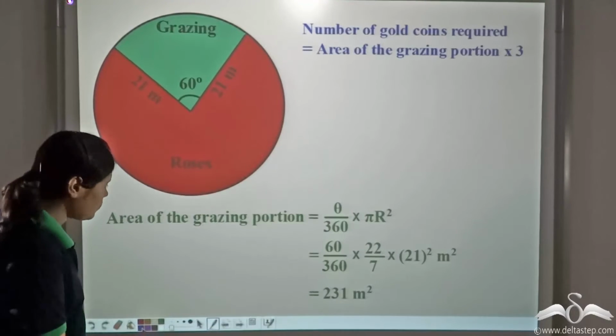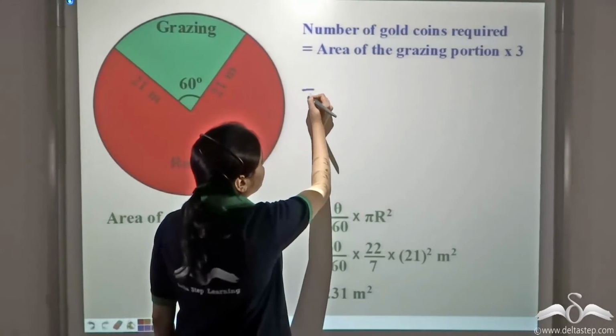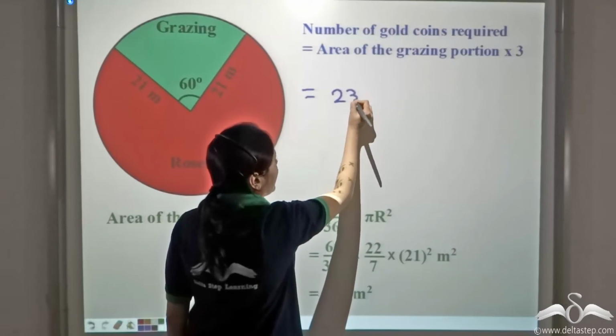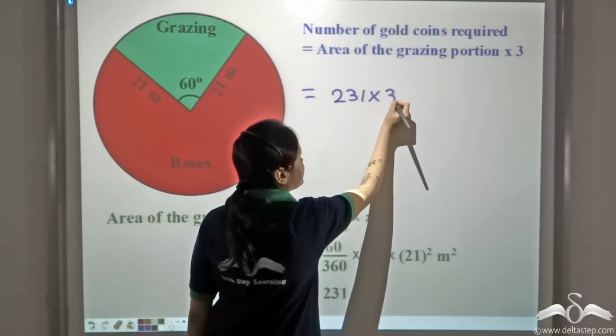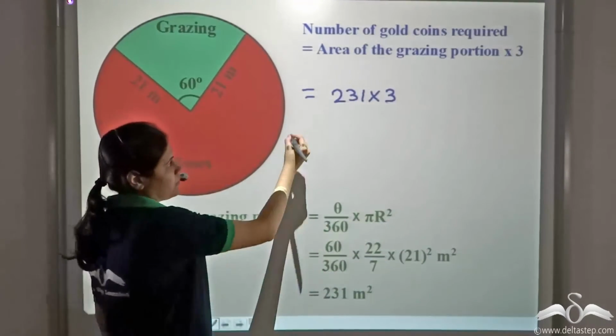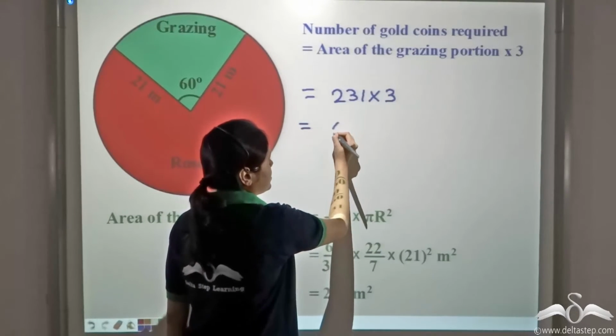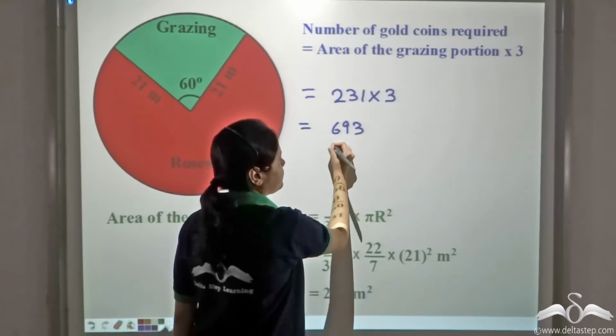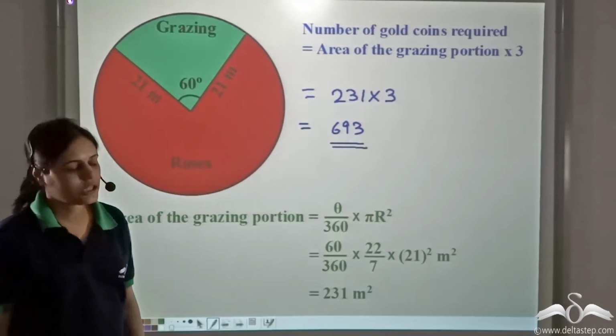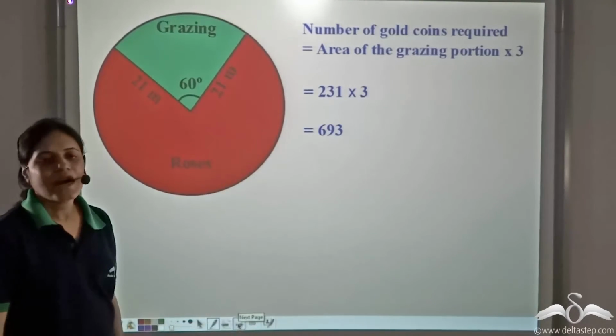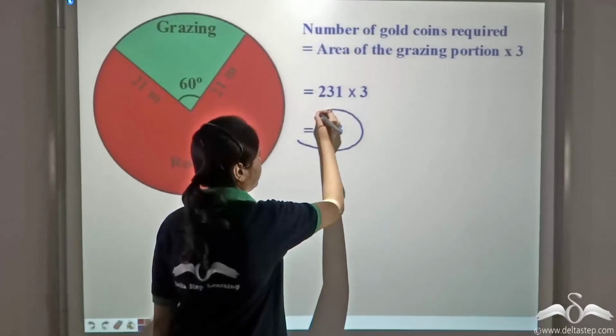Now the number of gold coins required are 231 into 3, which is equal to 693. So the number of gold coins required are 693.